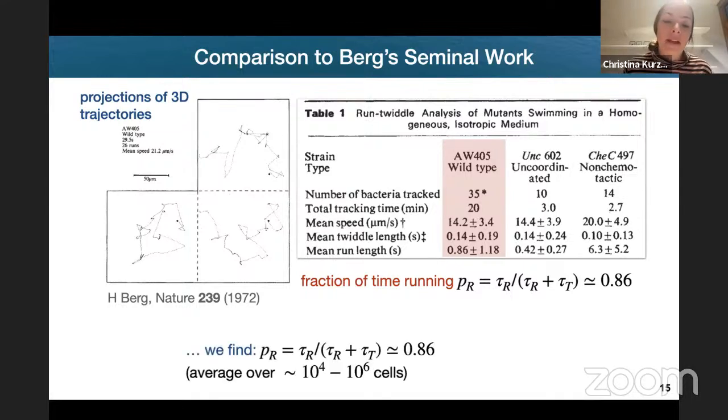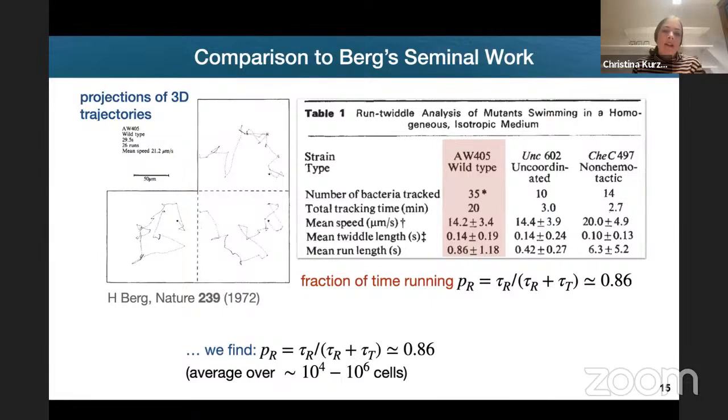And this is perhaps per coincidence, but it's exactly the same number that we also see. So I think overall the quantities that we get seem fine compared to what has been done before. And even if people nowadays track in 3D, they get values that are quite similar.